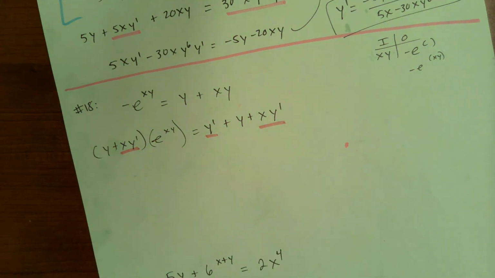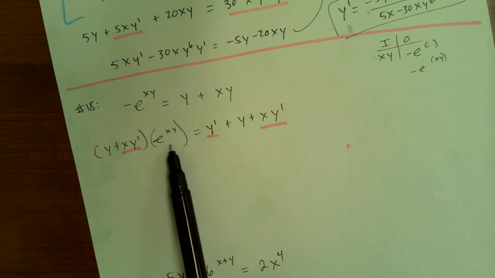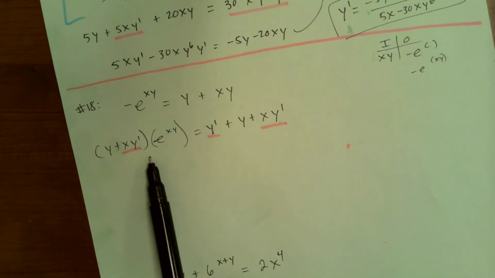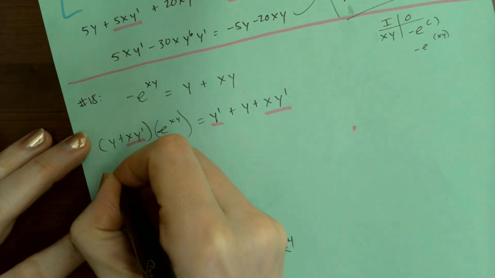I got to get them all on the same side, but first I've got to distribute this into here so that I can do that. So this is negative y.